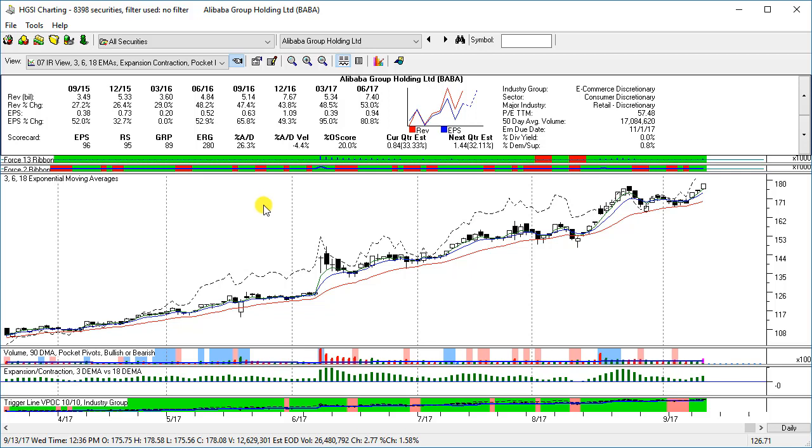So we have the technicals for the trigger, and the fundamental panel will give us the fundamental information that we need, and we can scan on this fundamental information as well.